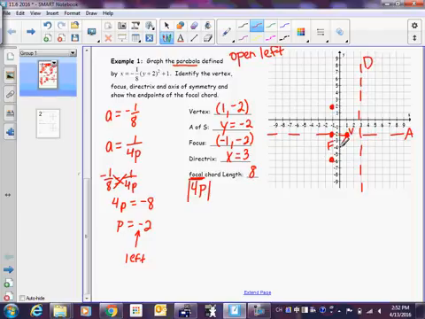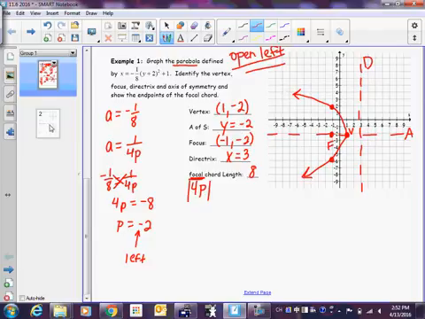And this is how you're going to draw the rest of your parabola. And you always want to make sure that you open in the direction that you said you were going to open. So you know it's going to the left because it's the negative side? Yes. And of course it's x equals instead of y equals. And we started off with an x equals because that's the more complicated one.